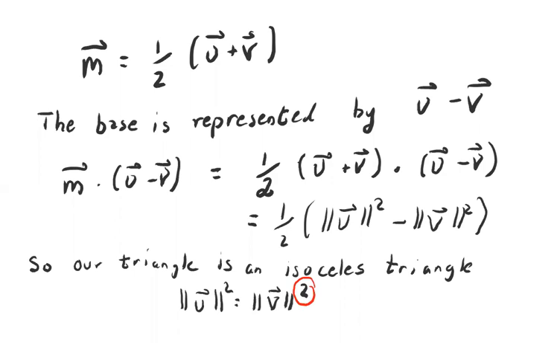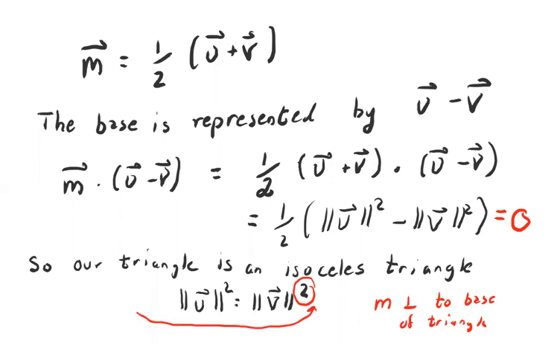Since that's true, this right-hand side is 0, and M has to be perpendicular to the base. So M is perpendicular to the base of the triangle, and in fact, it has half the length of U plus V. So perhaps what you were referring to is that there is a typo in the problem set solution.